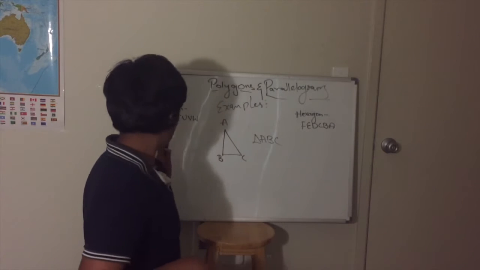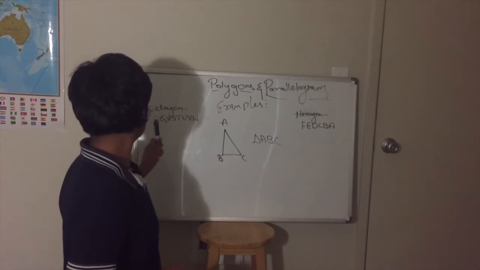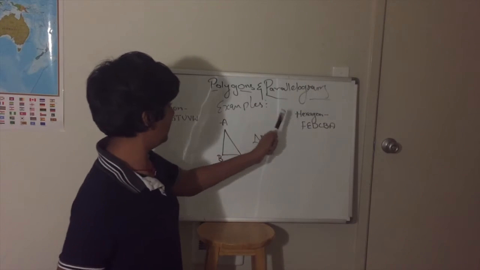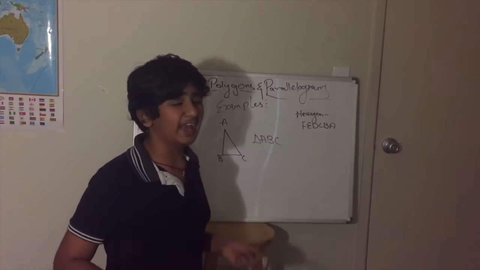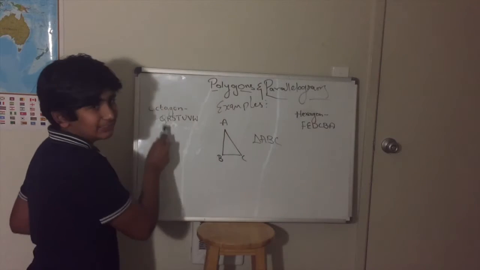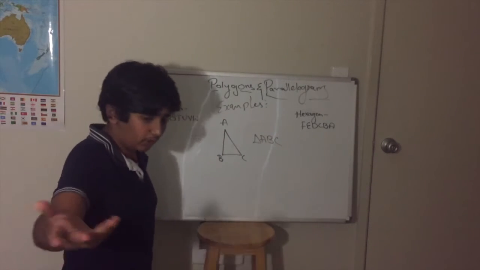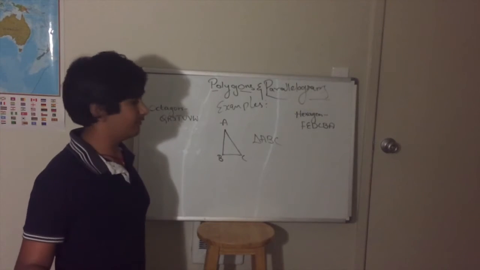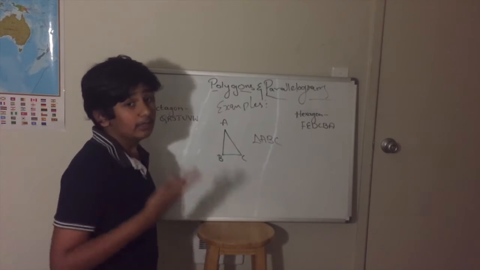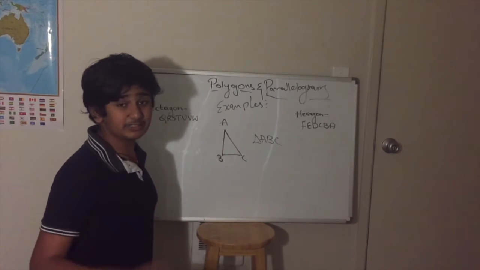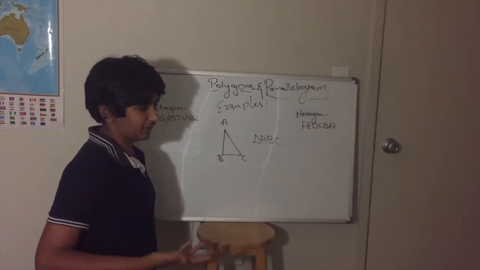Now, I've got 2 problems here. It says octagon QRSTUVW and hexagon FEDCBA. First, let's look at the octagon. If you recall, an octagon is an 8-sided figure. The first step for every student is simple: just draw the figure.